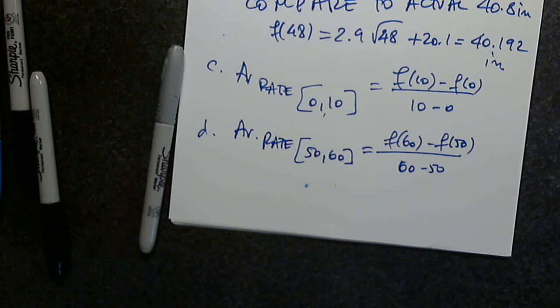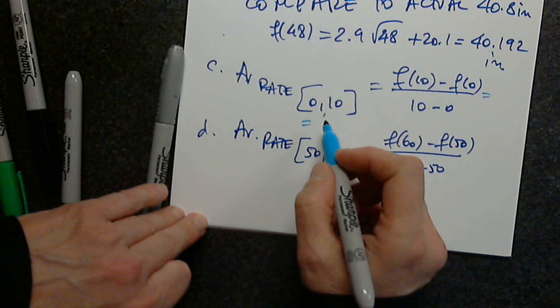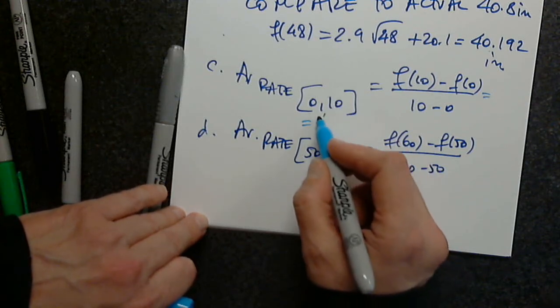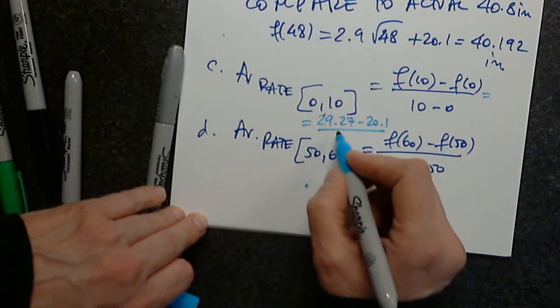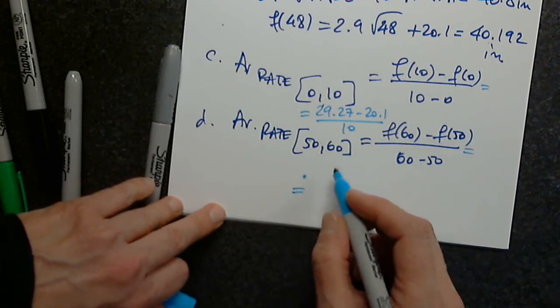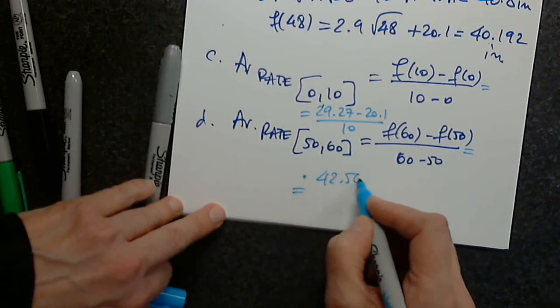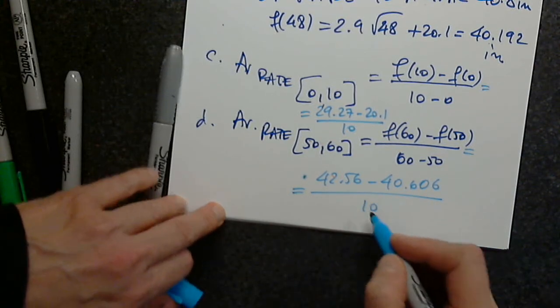So we need 0, 10, 50, and 60. I'm going to copy them. So the first one has 29.27 minus 20.1 over 10. And the other one has 42.56 minus 40.606 divided by 10.